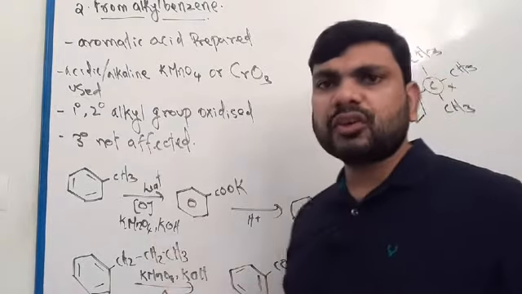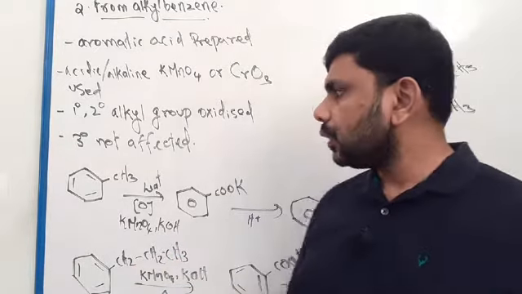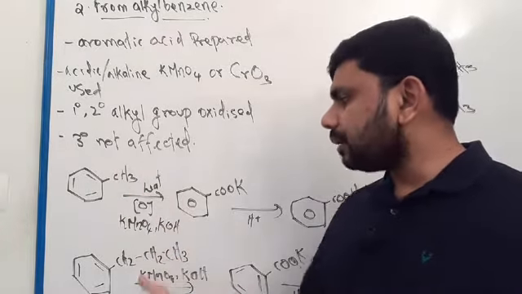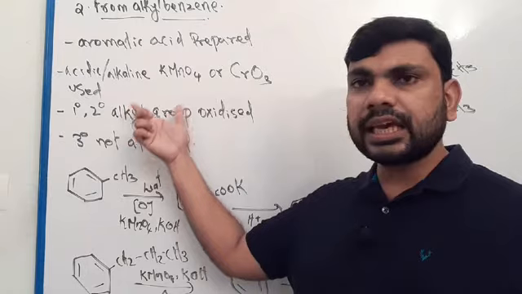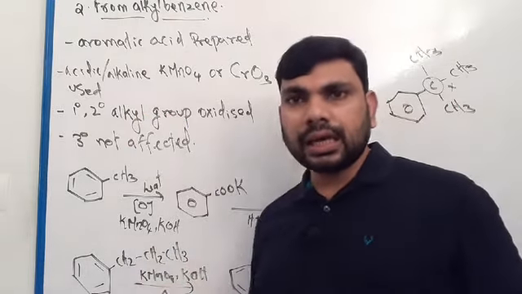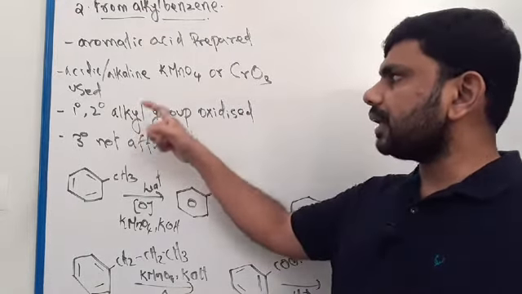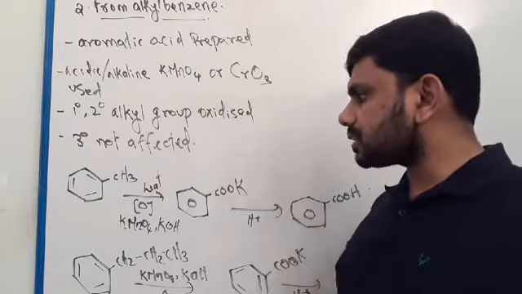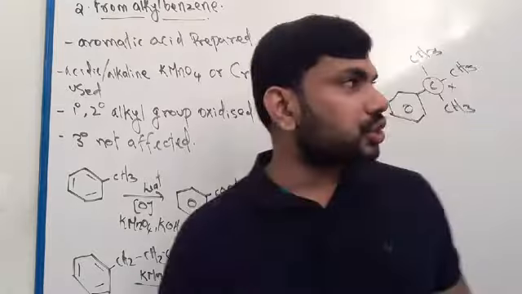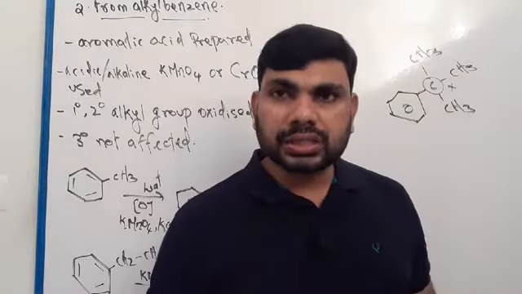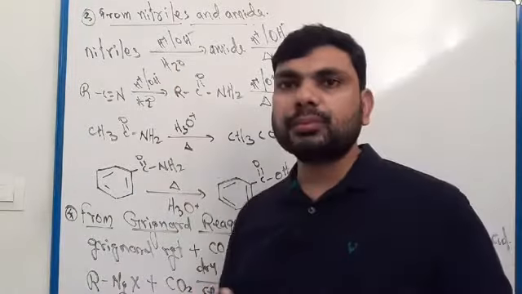So this is one method of preparation of aromatic carboxylic acid. We can prepare benzoic acid using methyl benzene or propyl benzene after oxidation, using the oxidizing agent acidic or alkaline KMnO4 or chromium trioxide. Also remember, primary and secondary alkyl groups will be oxidized, but this type of tertiary alkyl group does not oxidize.